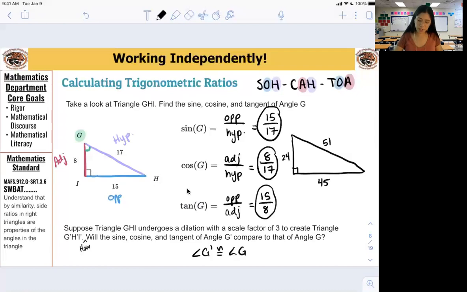Let's just look at what would happen to the sine of G prime. What would be the two numbers that go into the sine of G prime?